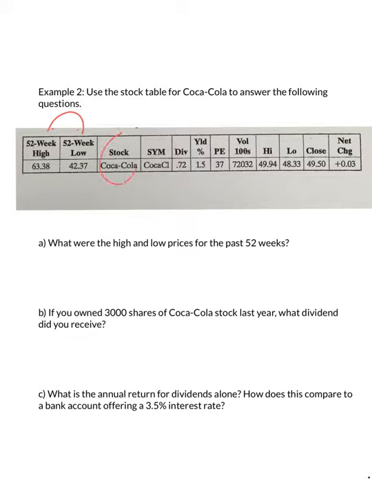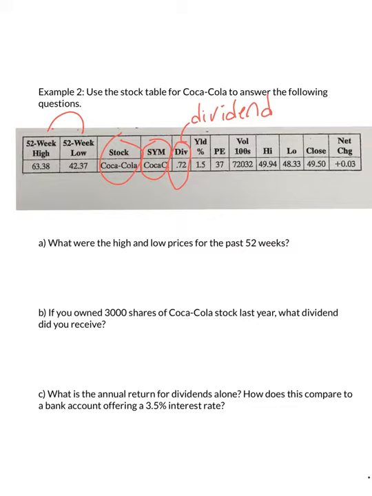The name of the stock is next, the symbol of the stock after that. If you own stock, the dividend, D-I-V-I-D-E-N-D, the amount of money you get per share, in other words, is next. So in other words, 72 cents per share that you owned.